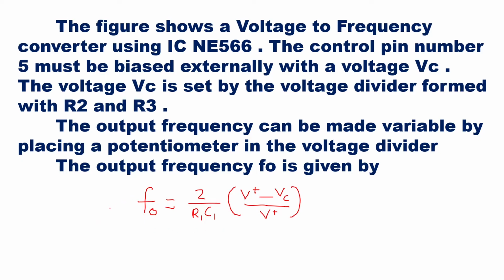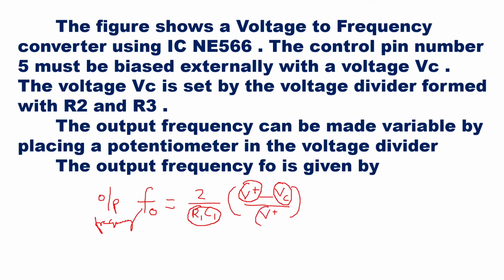So the output frequency F naught is equal to 2 upon R1 C1, where R and C are what we have connected in the external circuit, which decide the time constant. V plus is the supply voltage given to the voltage controlled oscillator, and Vc is the control voltage which you give at the input.